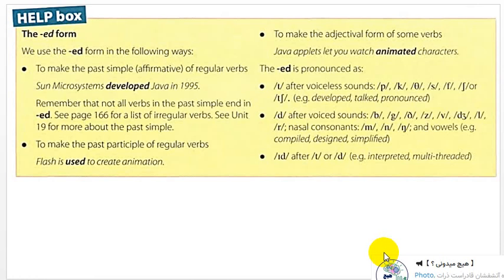Remember that not all verbs in the past simple end in -ed. See page 166 for a list of irregular verbs. See Unit 19 for more about the past simple. To make the past participle of regular verbs: Flash is used to create animation. Is used as a past participle.